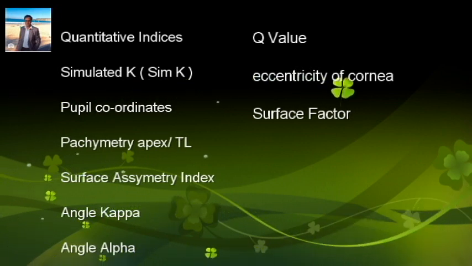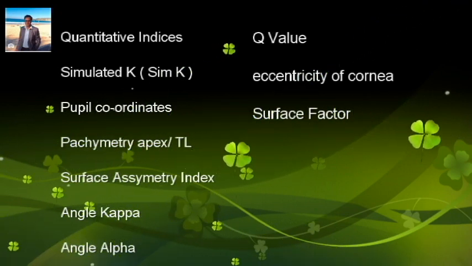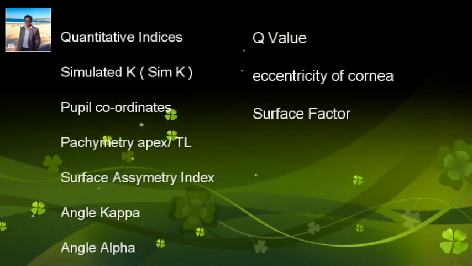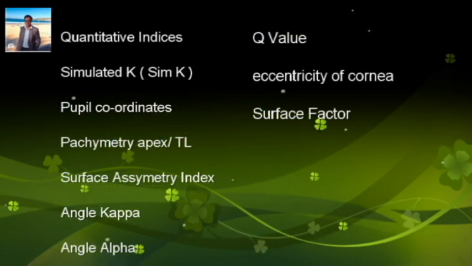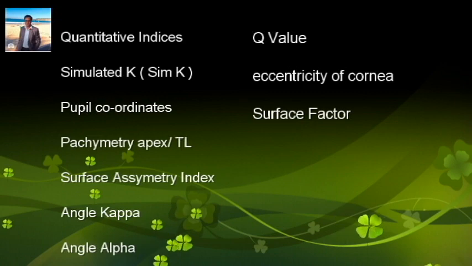Of course, very important are the angle kappa and the angle alpha, and the Q values of the eccentricity of the cornea or the surface factors. This Q value, eccentricity of the cornea, and the surface factors are all the same. Understanding one means that we suffice the others.